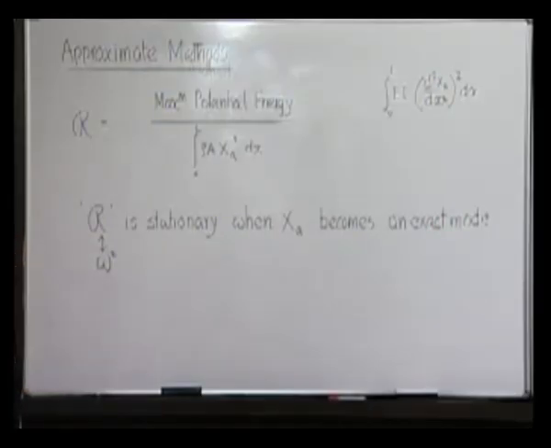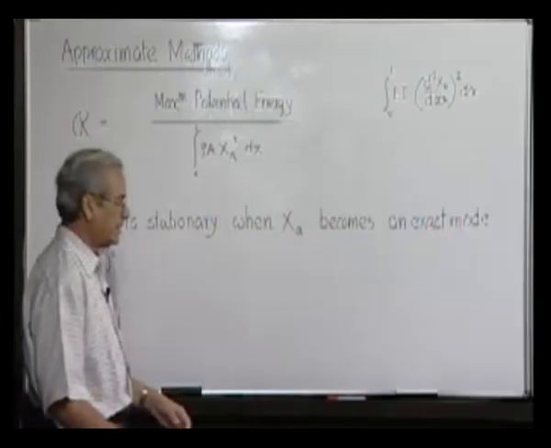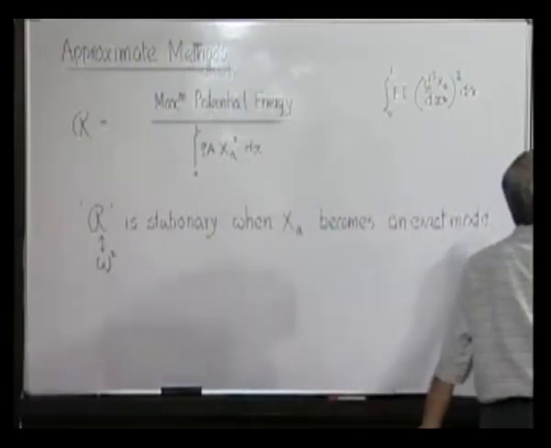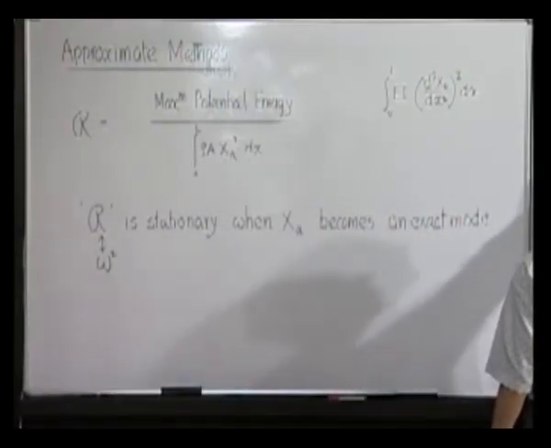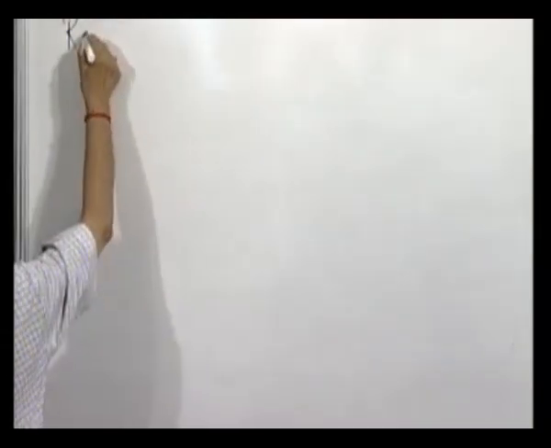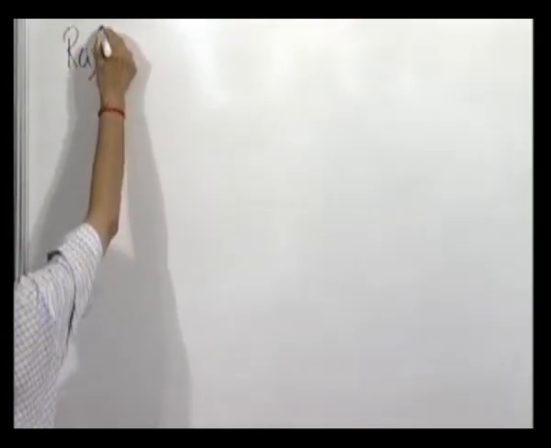So this property of Rayleigh's quotient is used, and this proposal was first suggested by Ritz, and the whole process is therefore called the Rayleigh-Ritz process of approach.